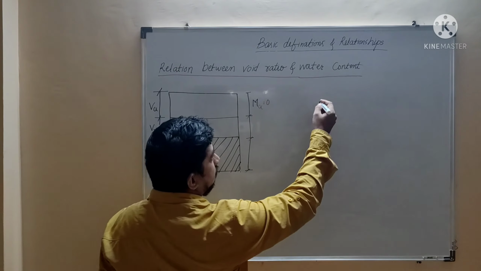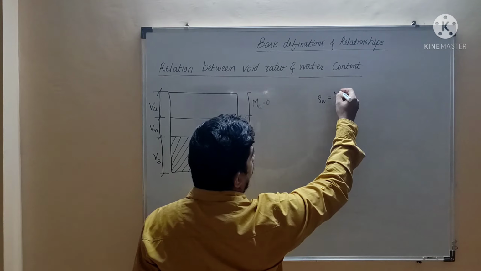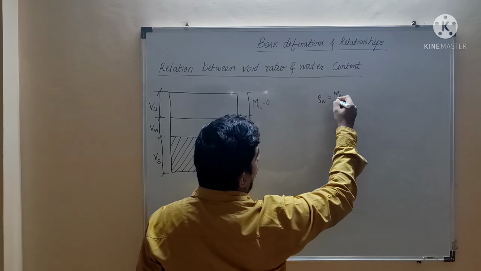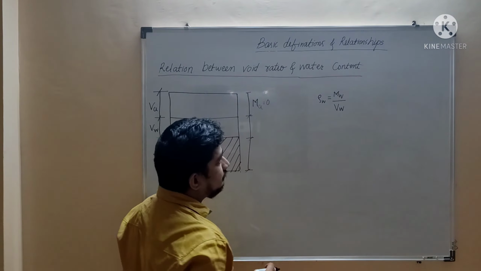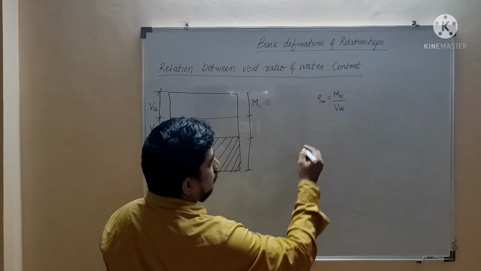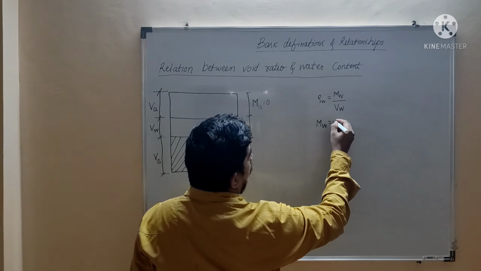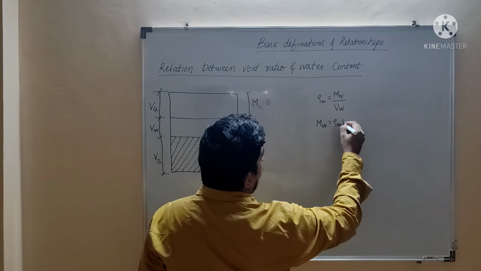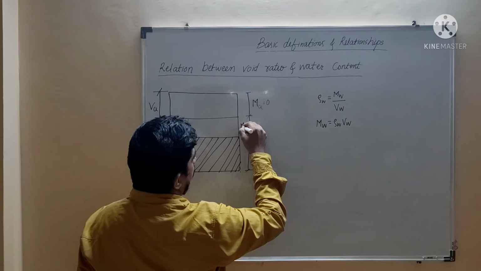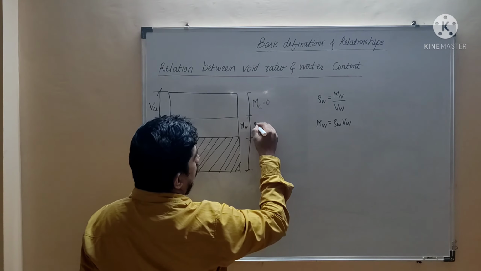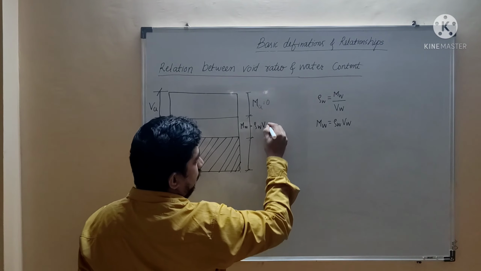Rho w is equal to mass of water upon volume of water, so the mass of water MW is equal to rho w multiplied by VW.